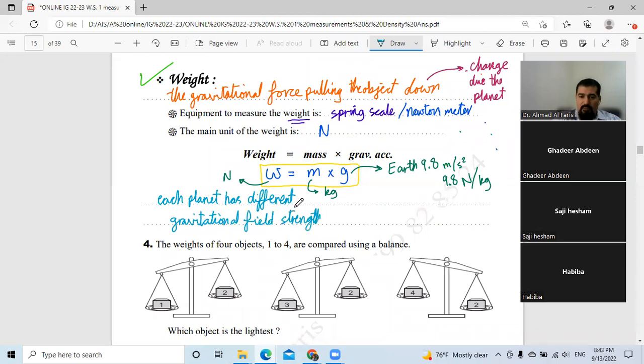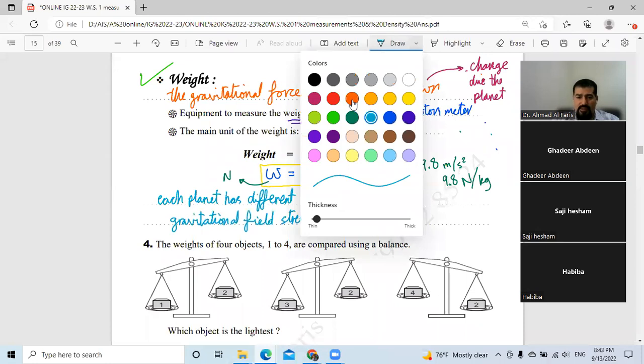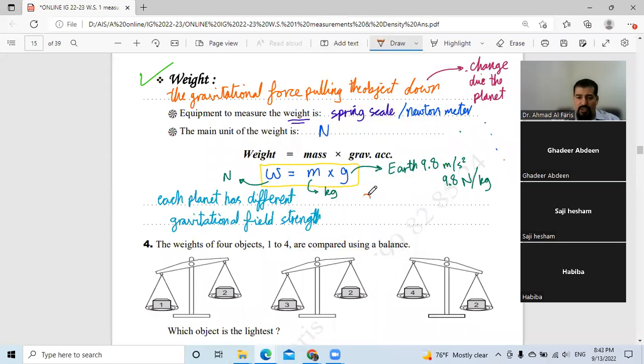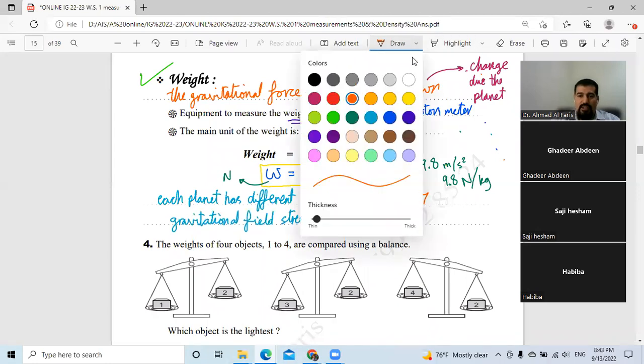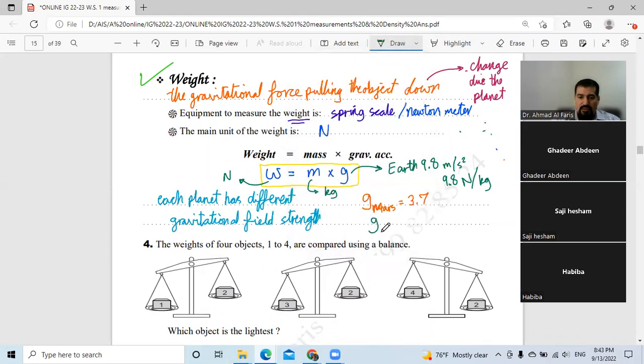And even moons have different gravitational field strength. For example, g on Mars equals approximately 3.7. The gravitational field strength on the Moon is approximately 1.6, etc.